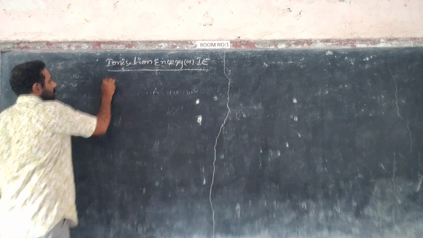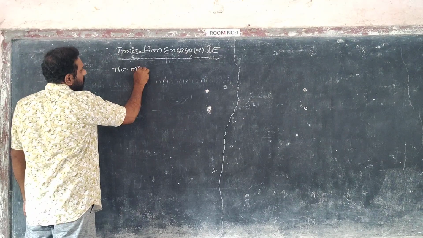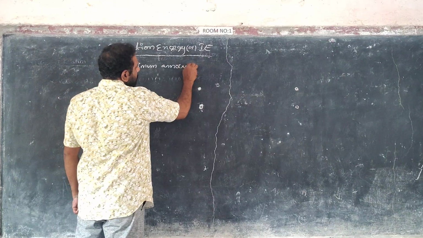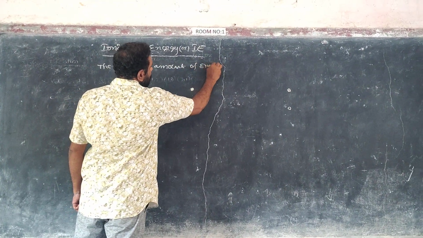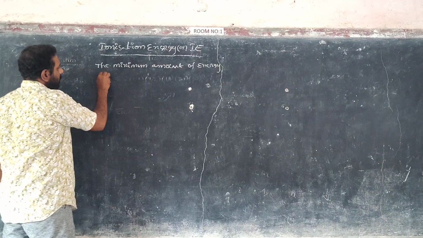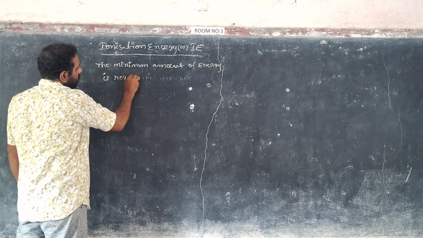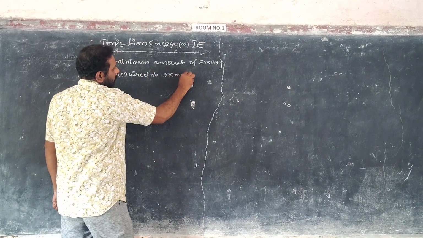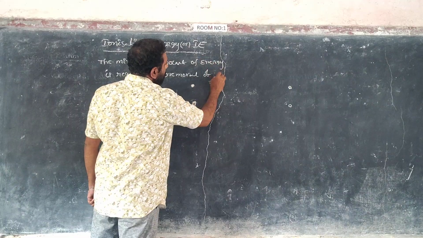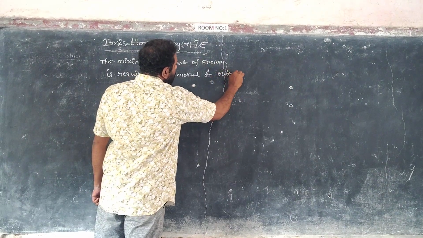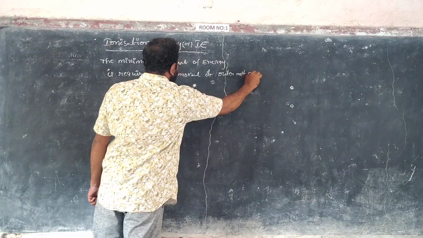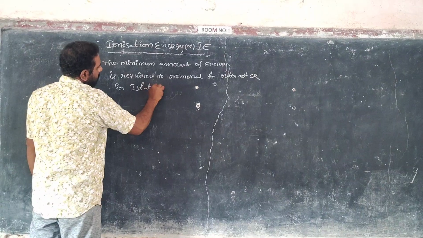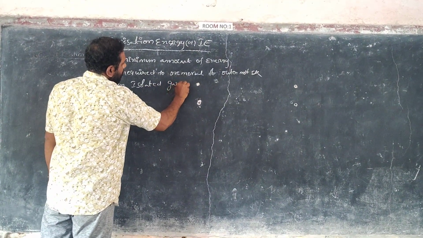Generally, it is the minimum amount of energy required for the removal of the outermost electron in an isolated gaseous atom.